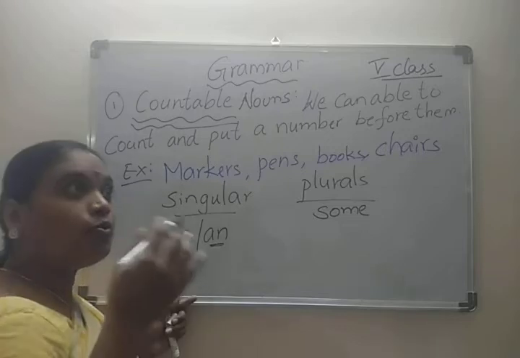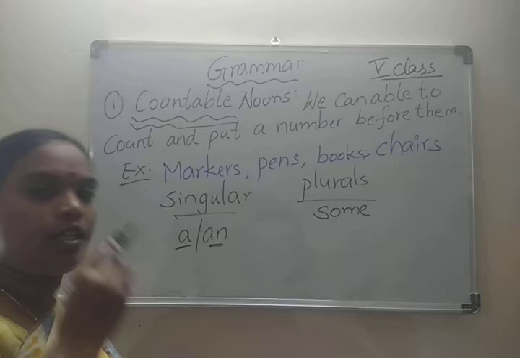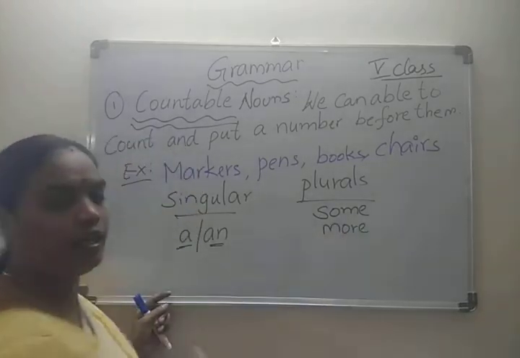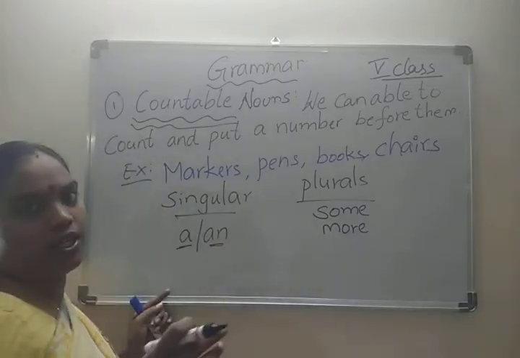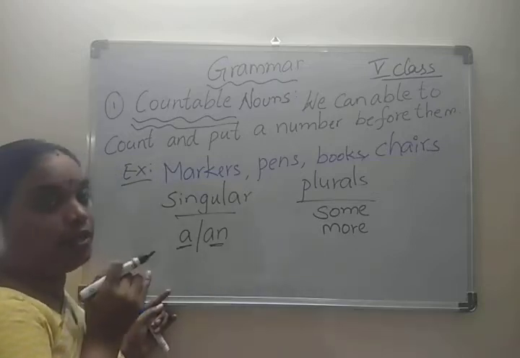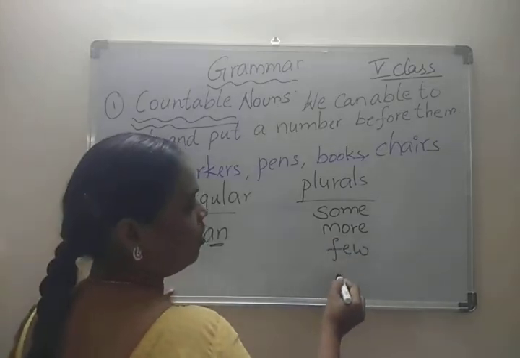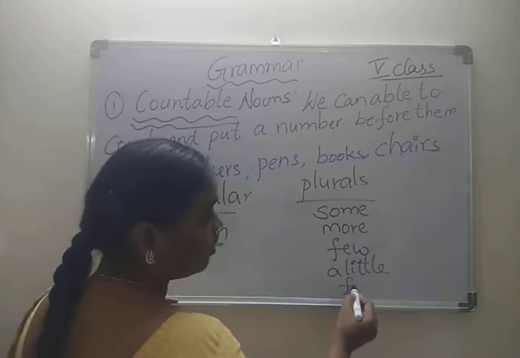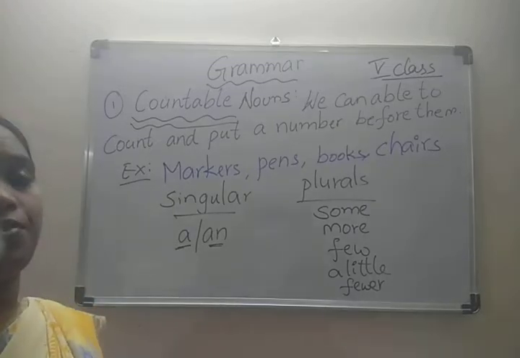Sometimes, if we have more than that, we can use more, when n number of things are there. We are expecting some quantity, but that quantity won't be there, less won't be there, but in countable nouns we use the words few, a few, or fewer.